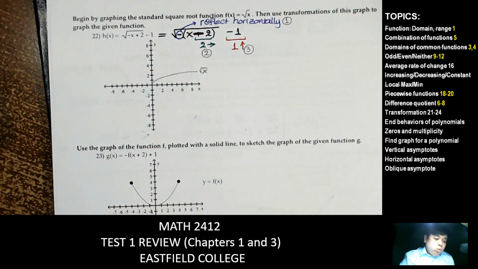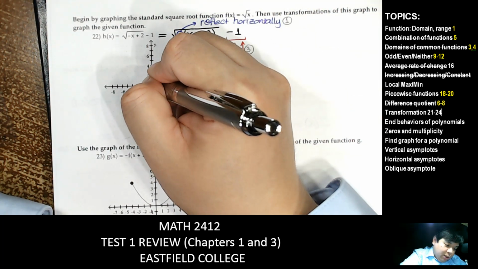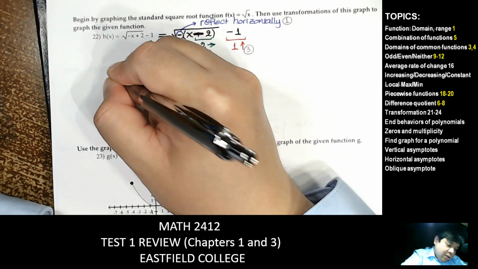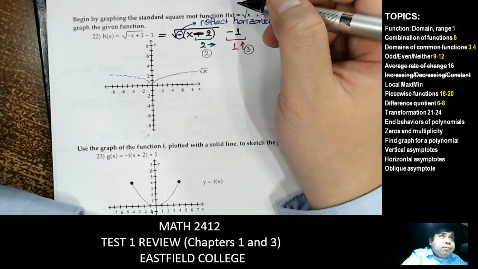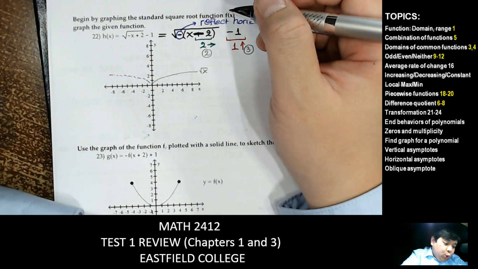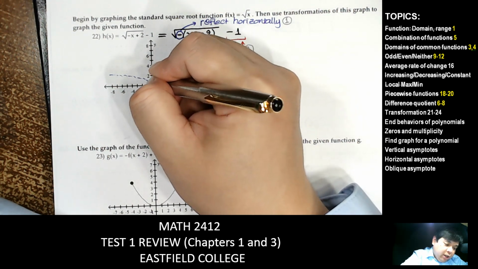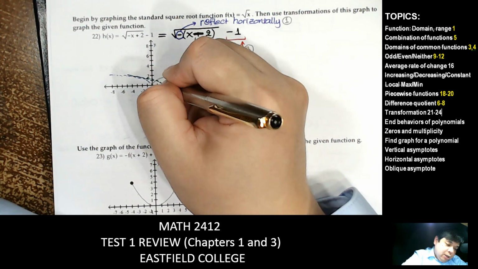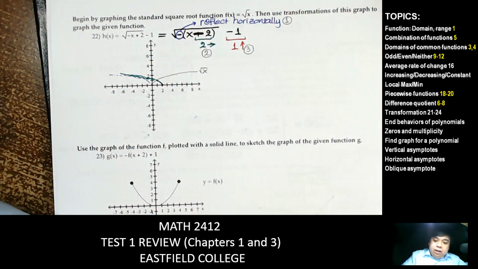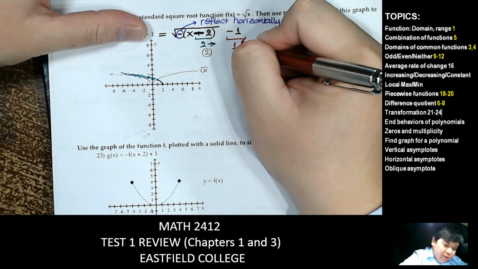So first we'll reflect this horizontally, so that we'll try to keep the color consistent. So we reflect this horizontally, so flip it the other side, and then move 2 units to the right. So that point move here, that point move here, kind of like that. And finally, I apologize, this is minus 1, so this is 1 unit down.